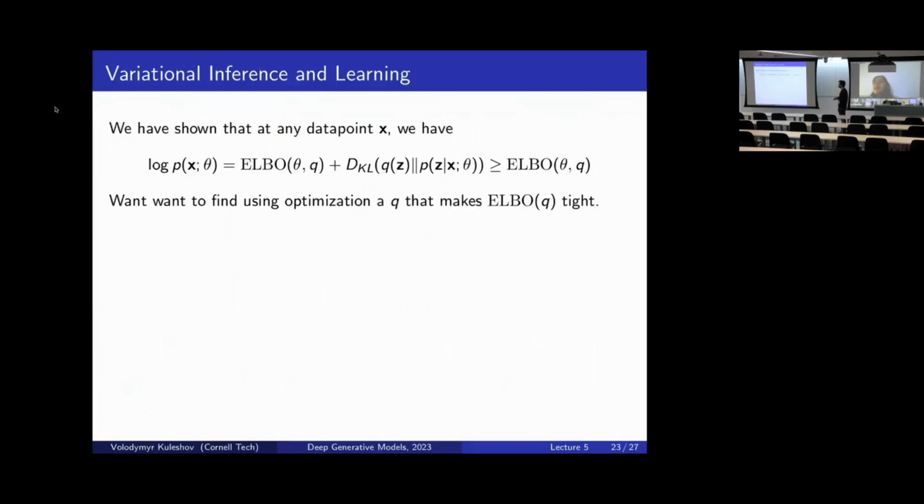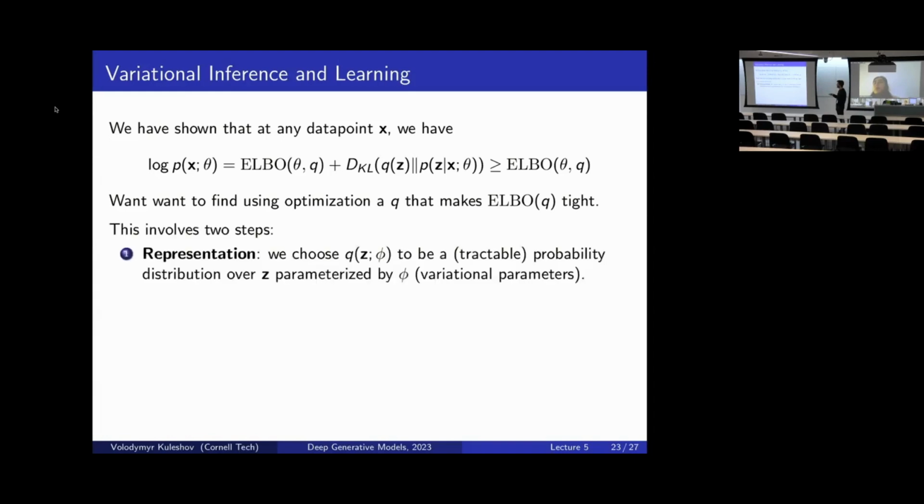So the whole idea of variational inference and learning is to form this lower bound. Ultimately we want to learn what P is, so we ultimately are optimizing over theta. For now, let's assume that theta is fixed, and we just want to find a good objective for it.